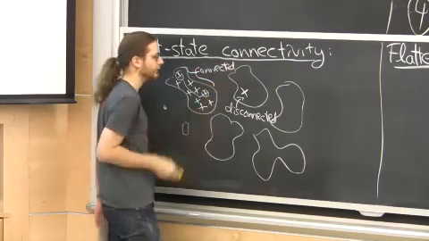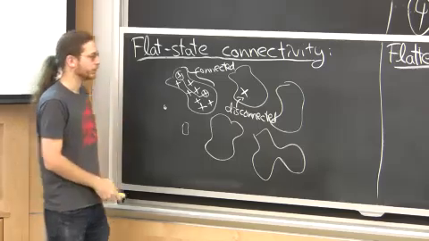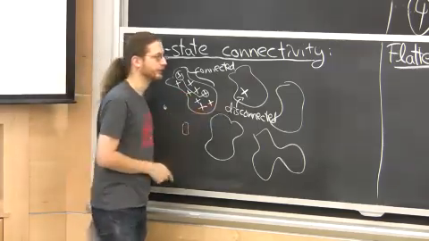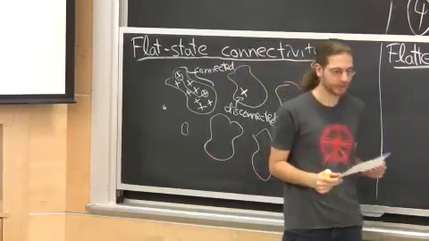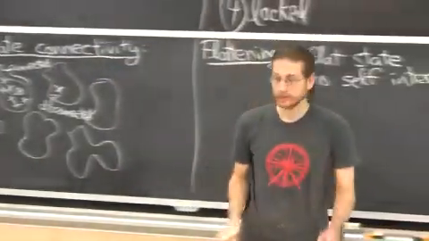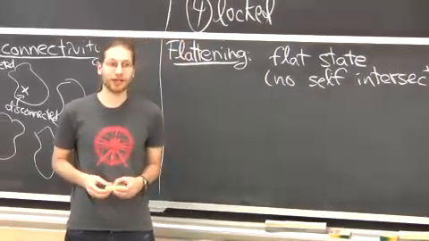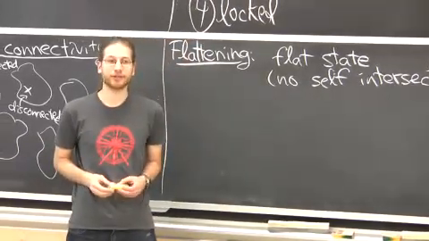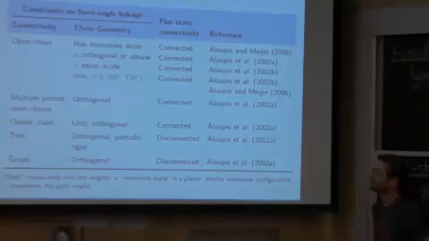And we just like to know which chains, which fixed angle trees, whatever, are flat state connected versus flat state disconnected. I would say the big open problem here is: is every fixed angle open chain flat state connected? That is still open. We have lots of results in that direction.